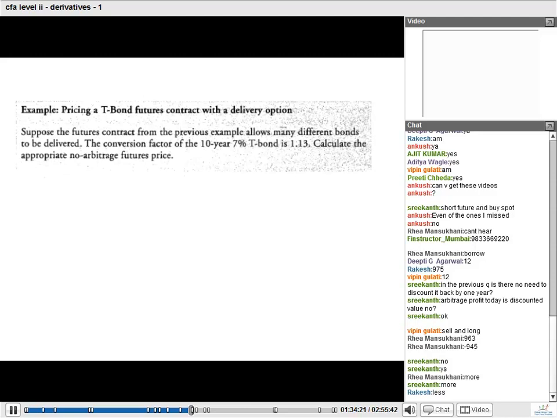Now, this is not the exact bond. The 10-year 7% bond that we delivered was actually one of the other bonds, and hence it has a conversion factor of 1.13. So the fair forward price times 1.13 has come out to be equal to 1031.